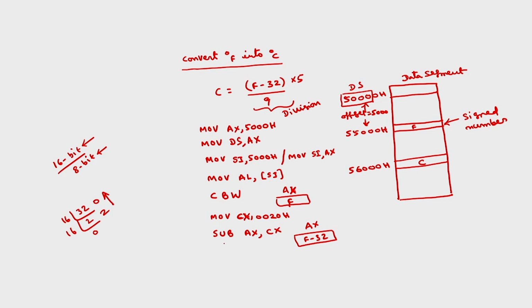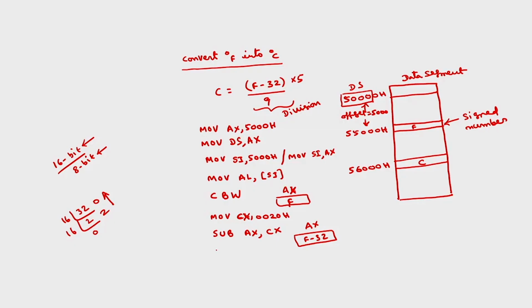You can multiply either a 16 bit by 16 bit number or an 8 bit by 8 bit number. So you take this 5, MOV 5. Anyhow this is a positive number, there is no need of sign extension. I will take this directly into some register, say BX, comma 0005H. I will perform IMUL, because the numbers are signed numbers, IMUL BX.